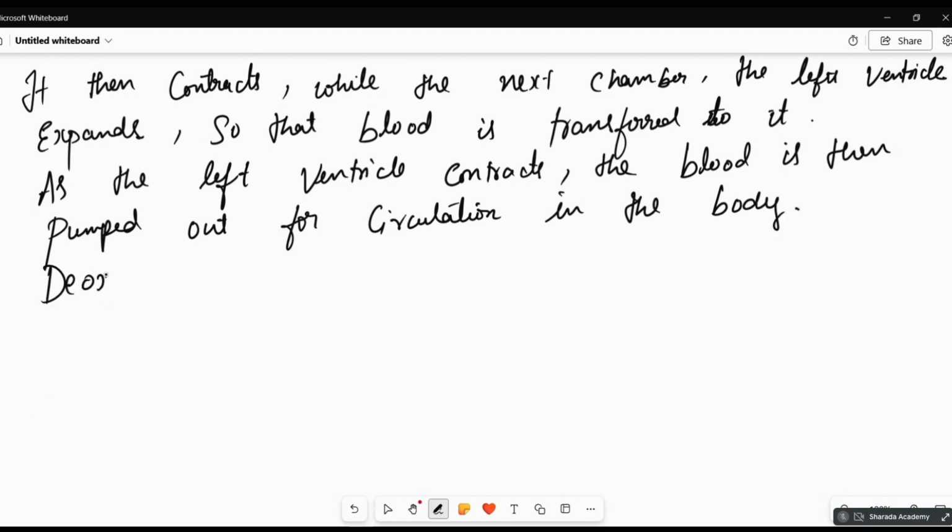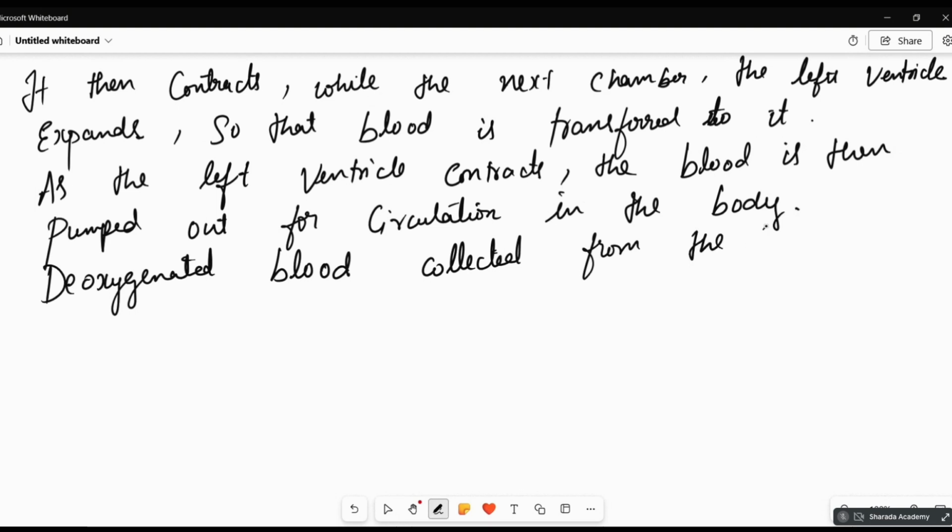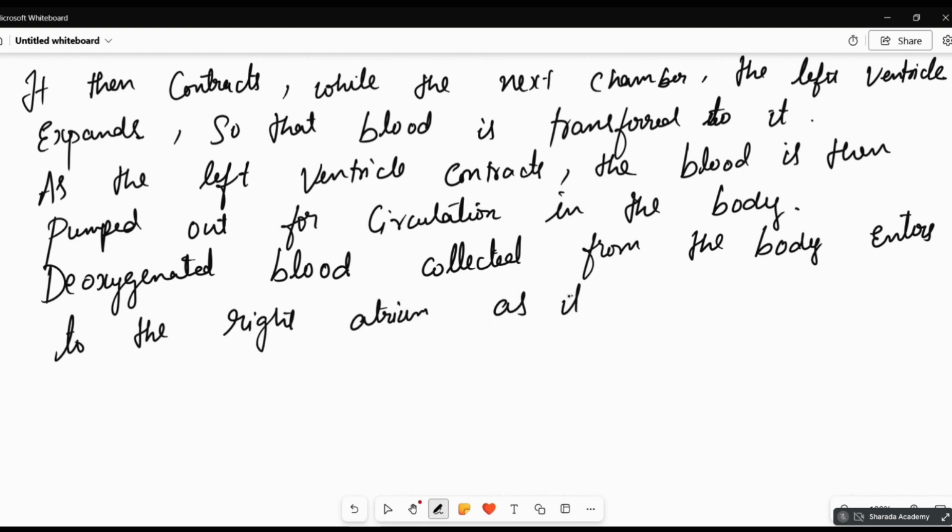Deoxygenated blood collected from the body enters to the right atrium, as it expands.